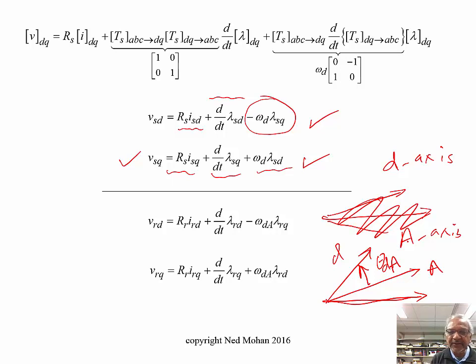So in the rotor, we have this angle, and it's really the time differentiation of this angle that gives us this omega dA. And that turns out to be the slip speed, whereas omega d may turn out to be the synchronous speed, depending upon the choice of the D and Q axis, how they are rotating.